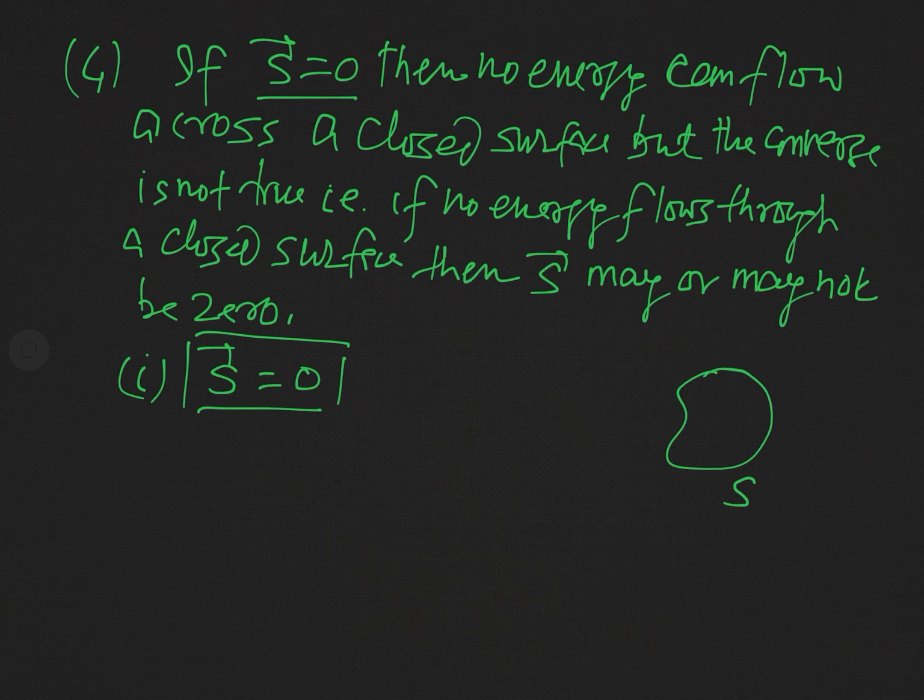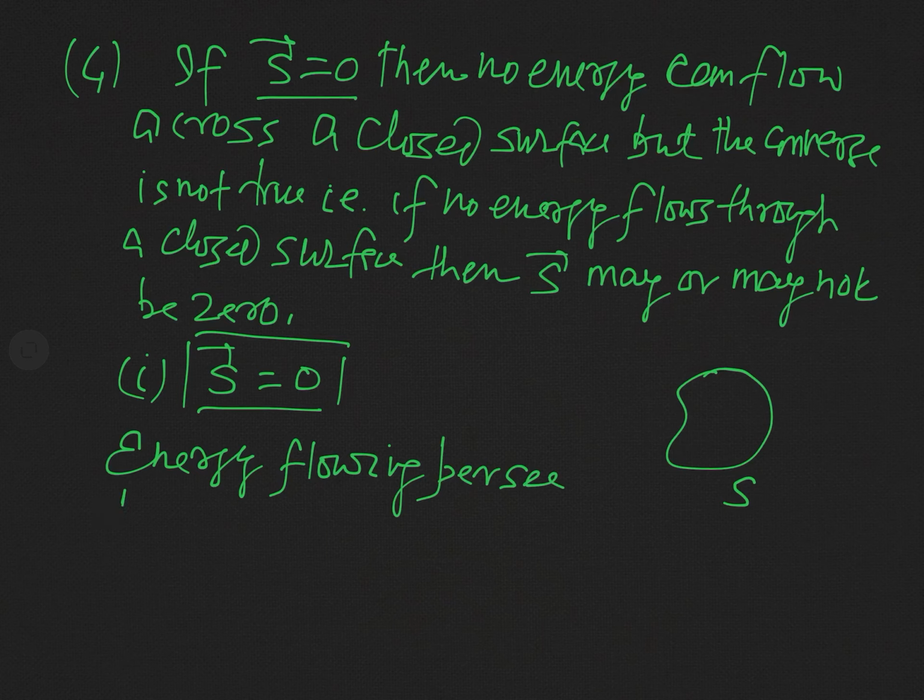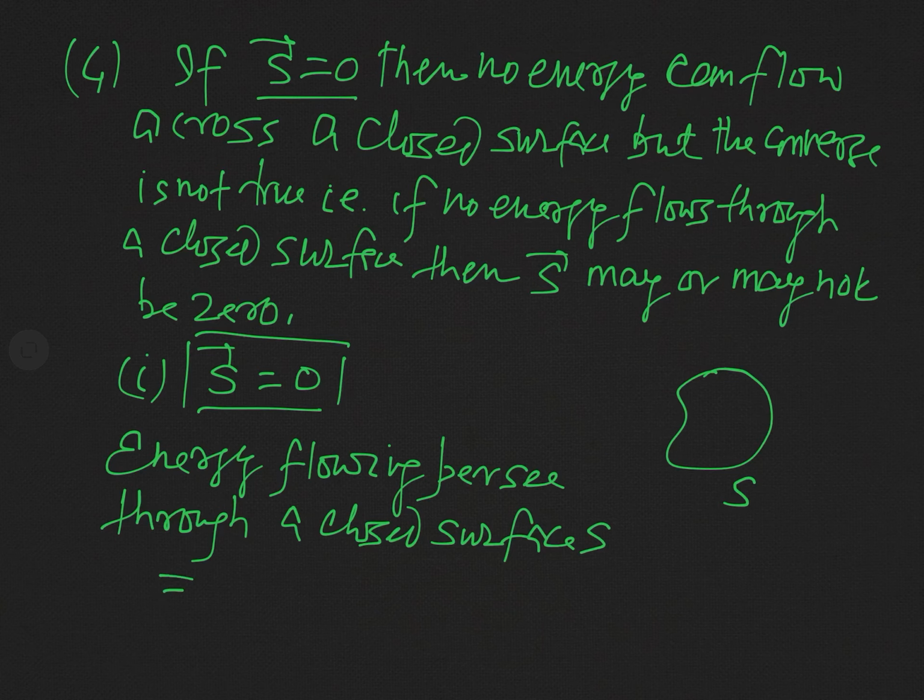And you know the energy flowing per second through a closed surface S is simply the flux of the Poynting vector S through S.